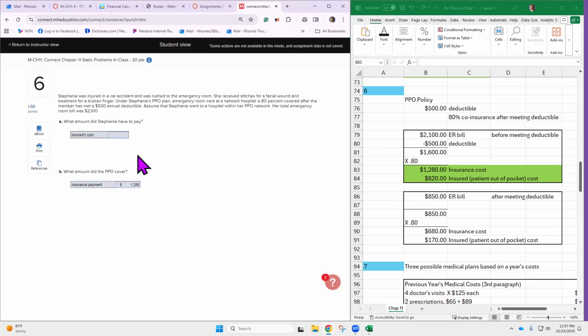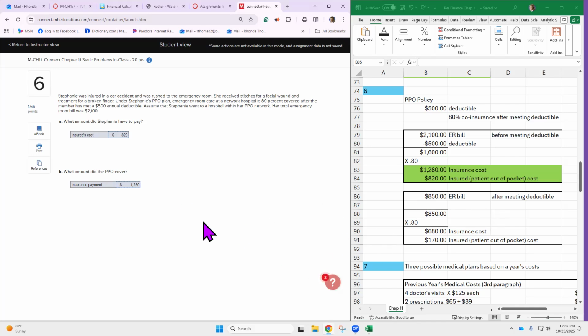So let's put the rest of that in there. Out of pocket to Stephanie, this is called insured costs. That's what the person who's insured has to pay. This is the insurance company paying. You have to watch their wording a little bit.